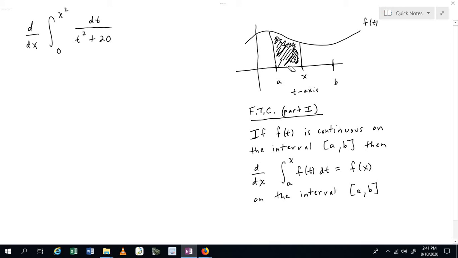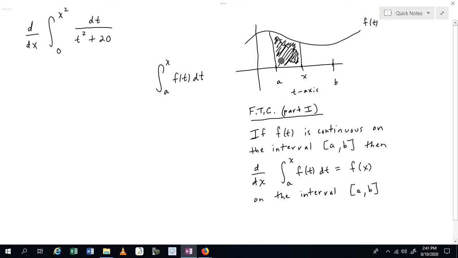How would we describe this area? We can describe it with a definite integral. It's simply the definite integral from a to x of f of t. Remember, this gives you the net area trapped between f and the t-axis starting at a and ending at x.